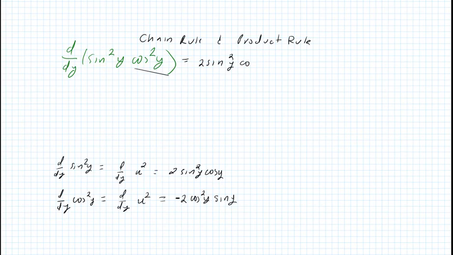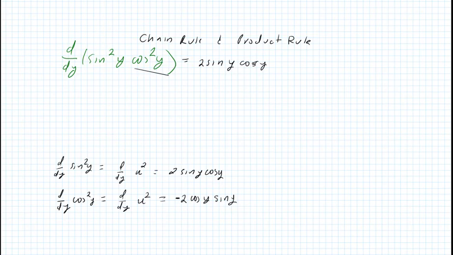When I did the power rule, this should have come out. So it should have been 2 sine and cosine here. So let's continue. That will be 2 sine y cos y.